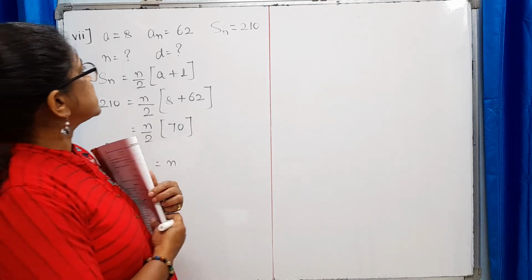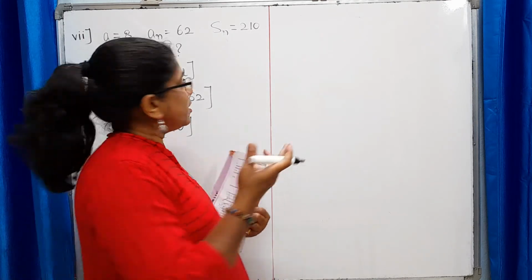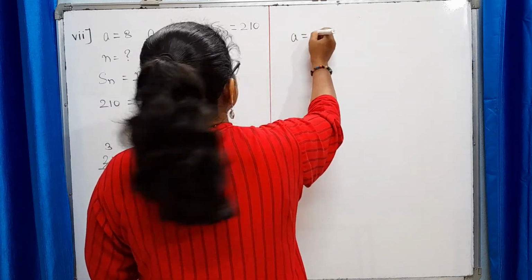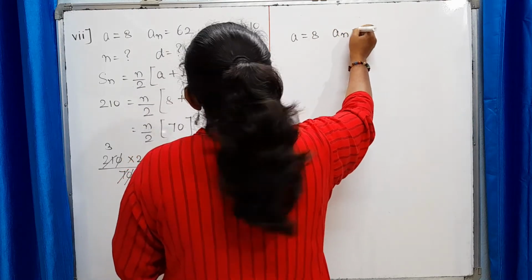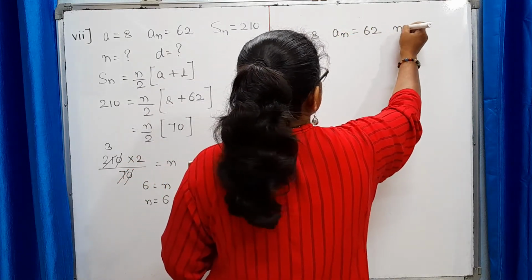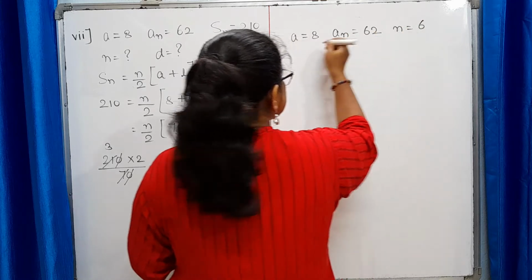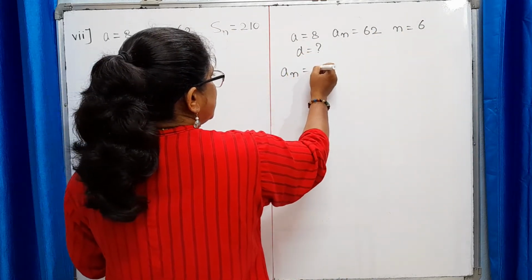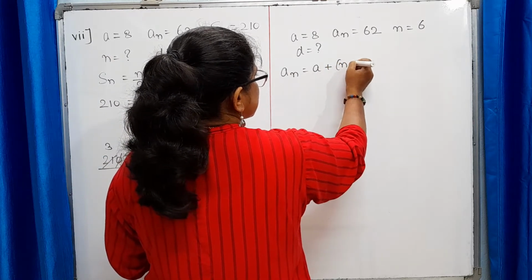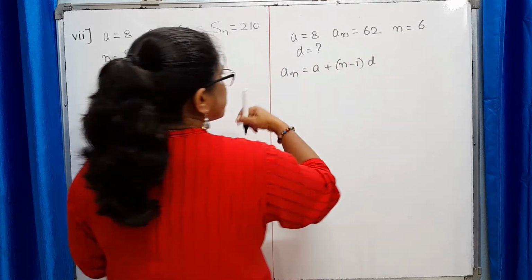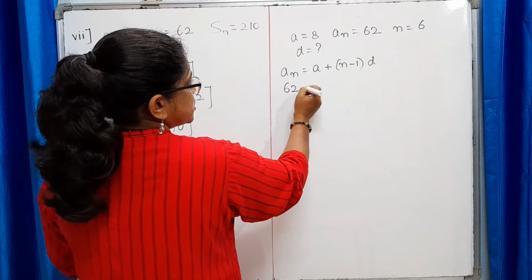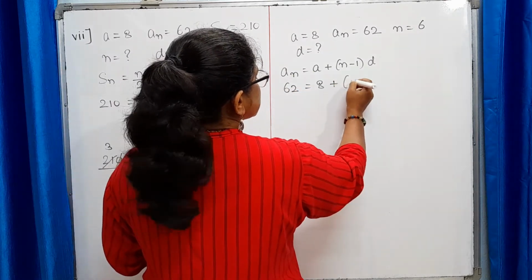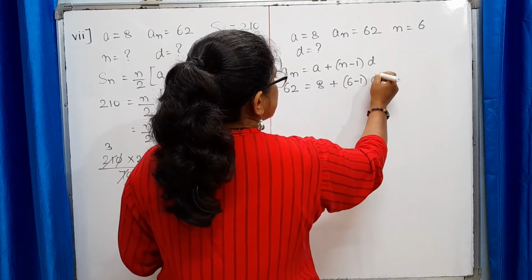Now n is equal to 6. Let's use our an formula and find what is d. See, a is equal to 8, an is equal to 62. Now n also we know that it is equal to 6. Let's find what is d. An is a plus n minus 1 into d. An is 62, a is 8 plus 6 minus 1 into d.